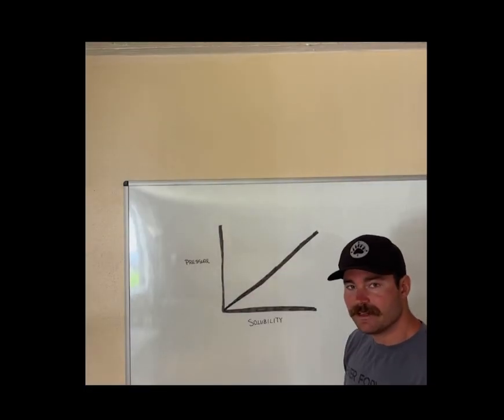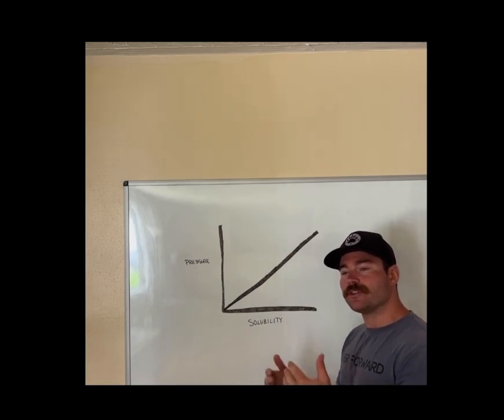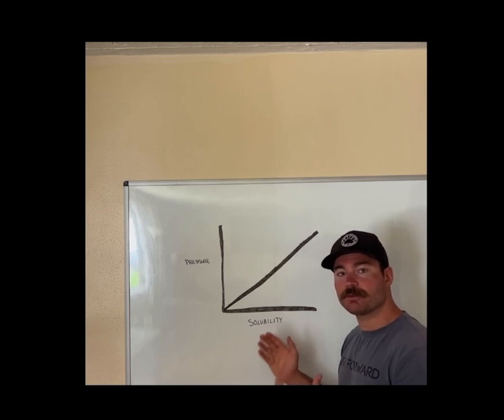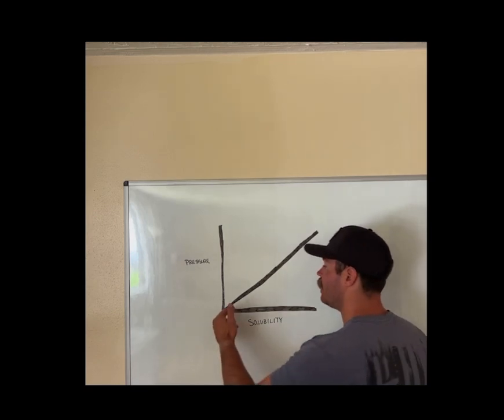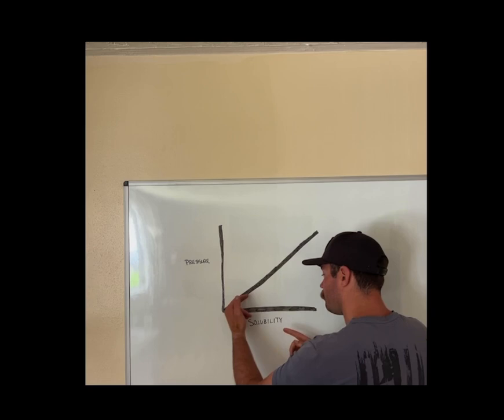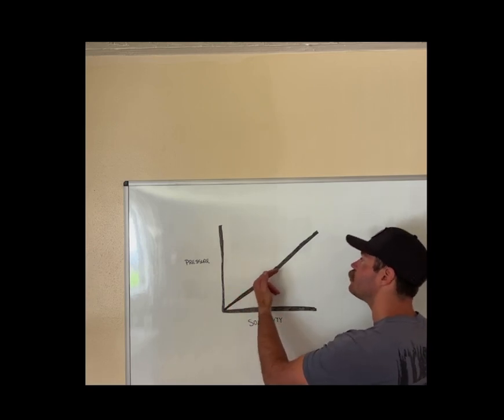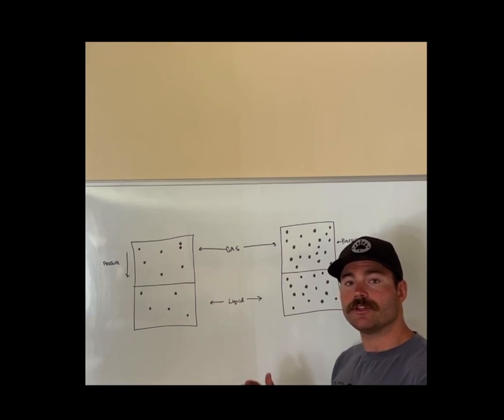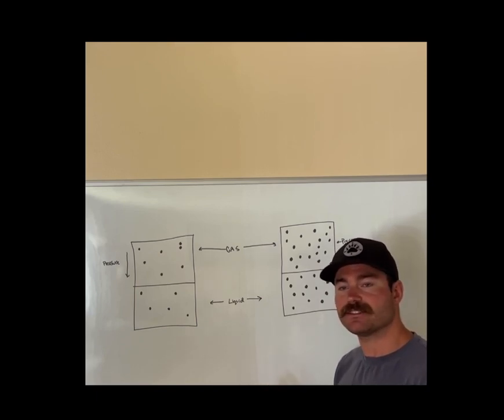So it's stated that the relationship between pressure and solubility is proportional, meaning that as pressure goes up, solubility goes up as well. Let's look at two containers filled with different pressures in gases.